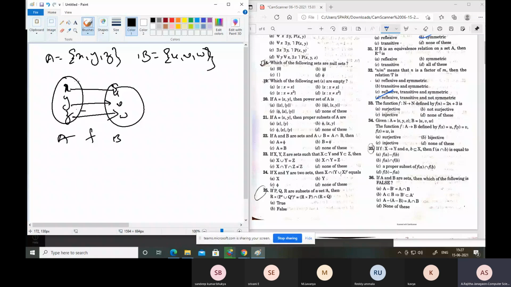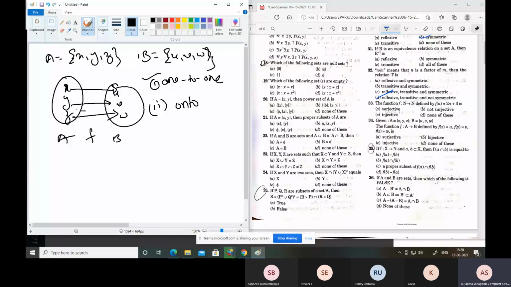Here you can observe this function is one-to-one because a different element is related to a different element. Then it satisfies onto also, that means for every image there is a pre-image. So this is onto. That is the 34th question. That's why this is called bijective.